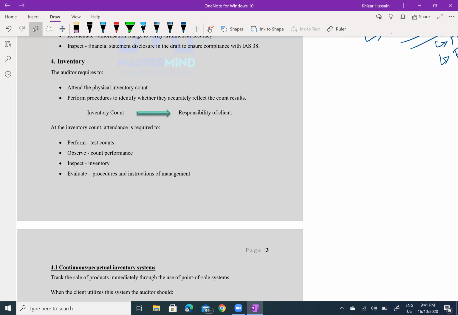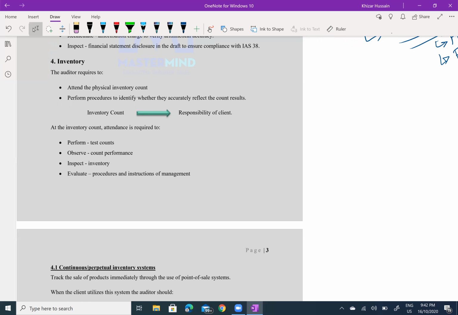You need to think. Inventory has two major variables to it as per IAS 2. You have the cost, and you have the, what's the second one, guys?